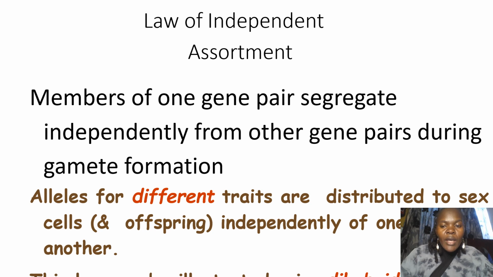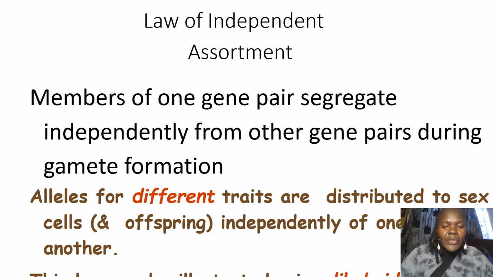In the case where, for example, we have the gene which controls shape, it's either round or wrinkled. So the possible alleles, the alternate forms of the gene, will have the dominant one R for round and the small r for the recessive, which will represent the wrinkled.